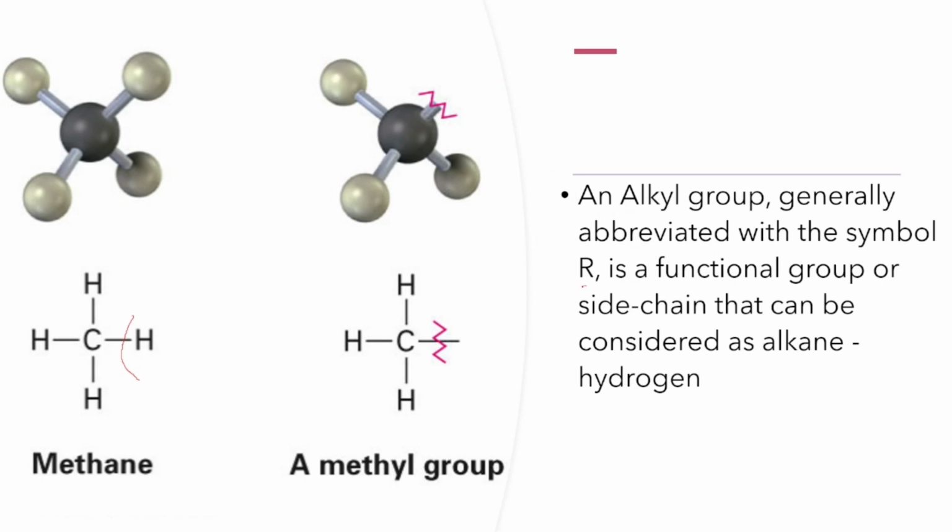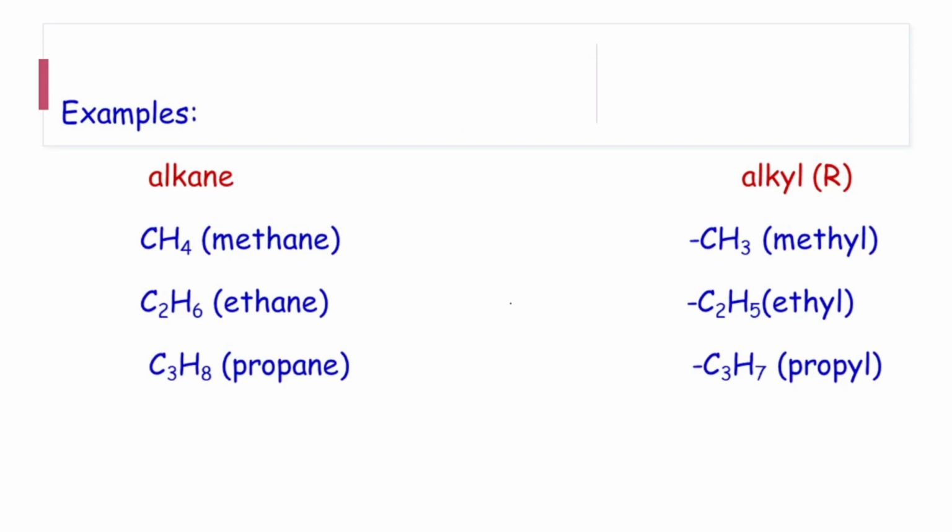They are usually abbreviated as R. For example, from methane, the alkyl group is the methyl group. From ethane, the corresponding alkyl group, which is formed by omitting 1 hydrogen, is the ethyl group.